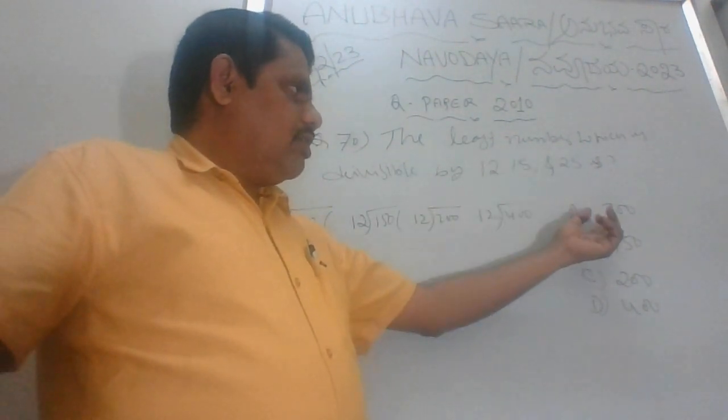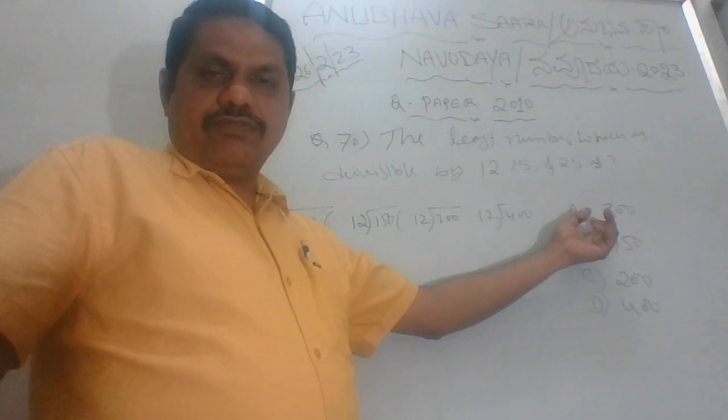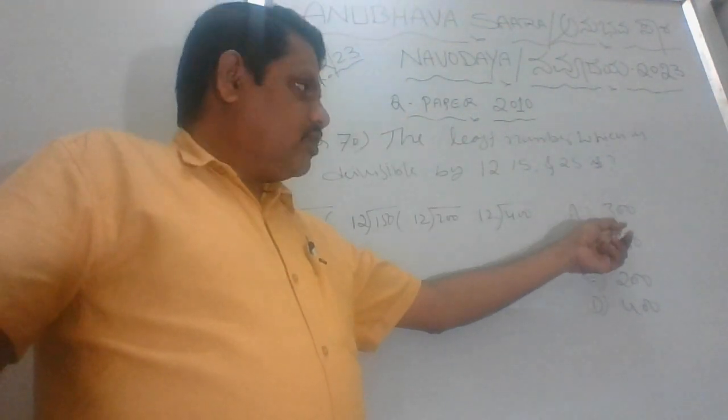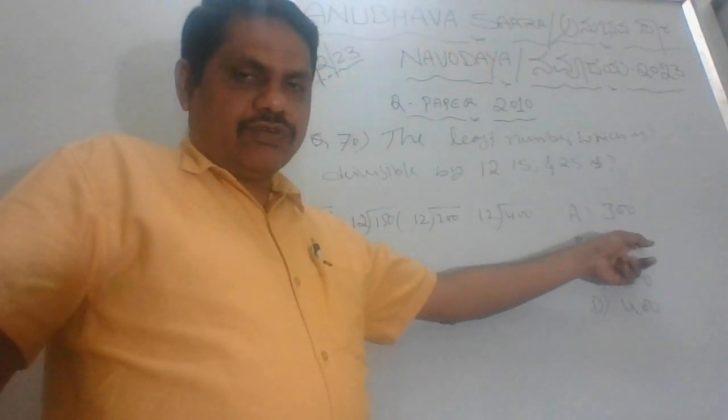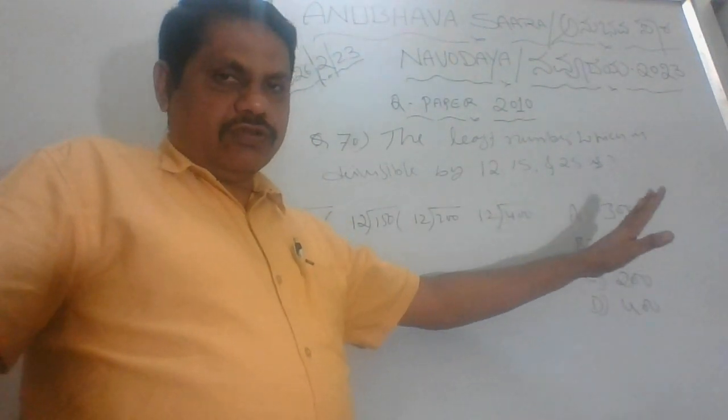12 2s are how much? 24. Right? 6 is left. 12 5s are 60. Gone.